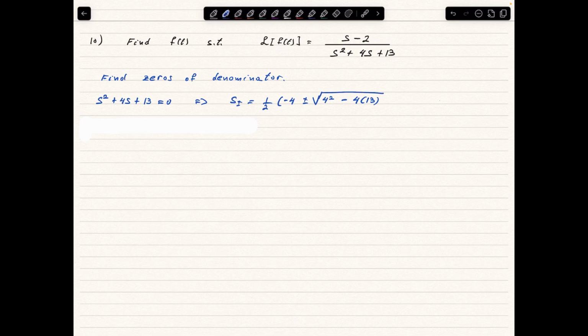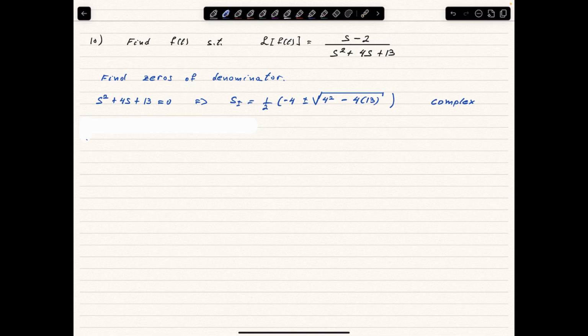Well, we see here that 4 times 13 is bigger than 4 times 4, so the roots are going to be complex. We don't need to find what the roots are. It's enough that we know that they are complex valued. So then we are not going to write this polynomial as a product of two factors, because the factors are going to involve complex numbers.